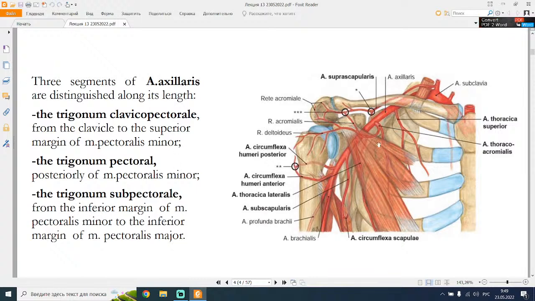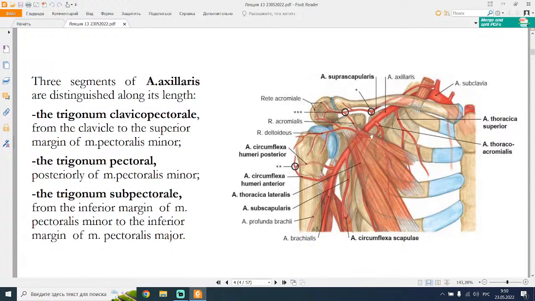Three segments of arteria axillaris are distinguished along its length. The trigonum clavico-pectorale, from the clavicle to the superior margin of musculus pectoralis minor.